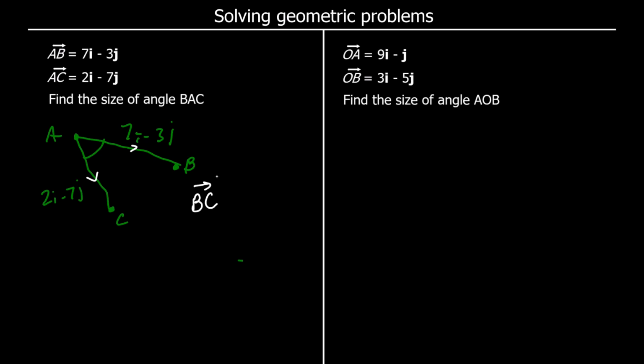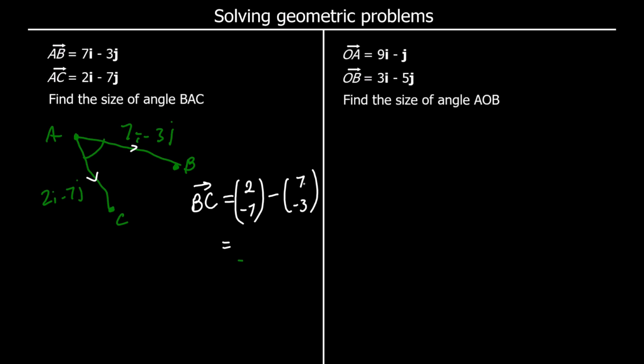So B to C is backwards along 7i minus 3j, and then forwards 2i minus 7j. Or we could say it's 2 negative 7 take away 7 negative 3.